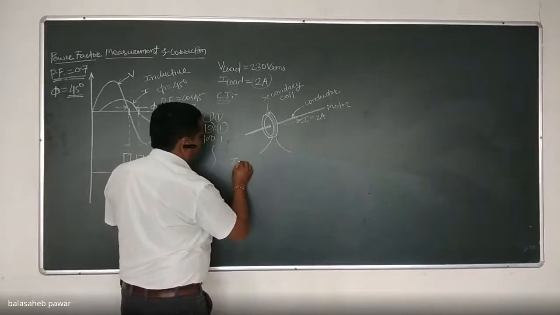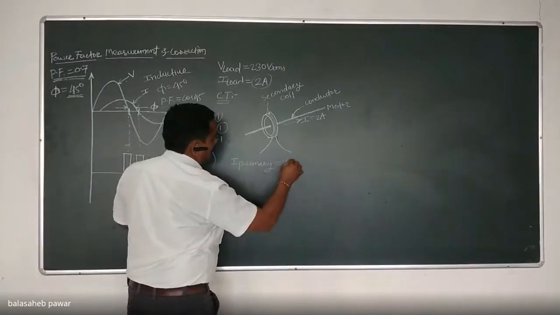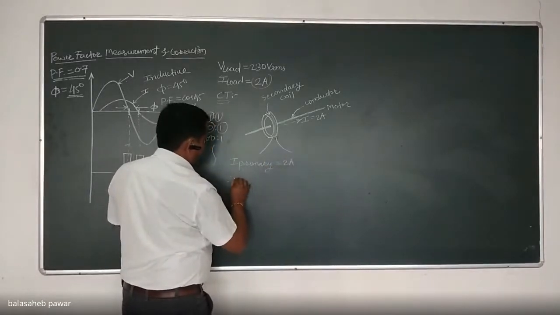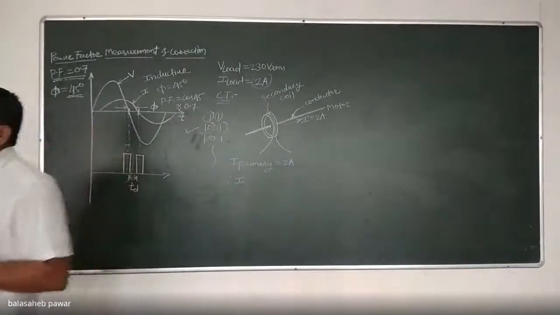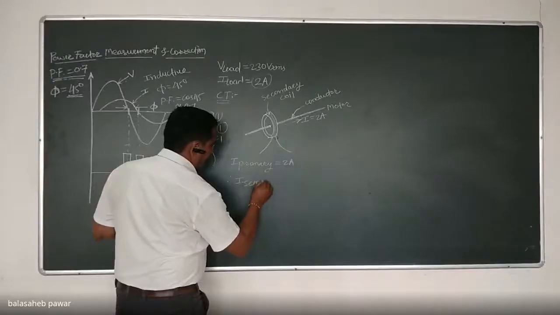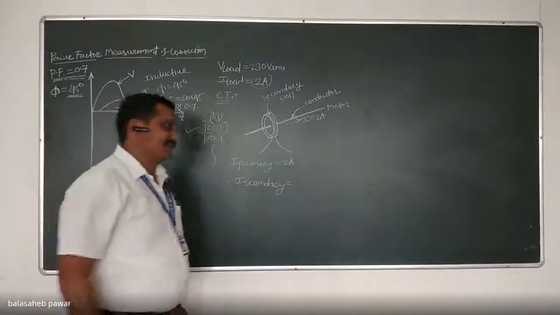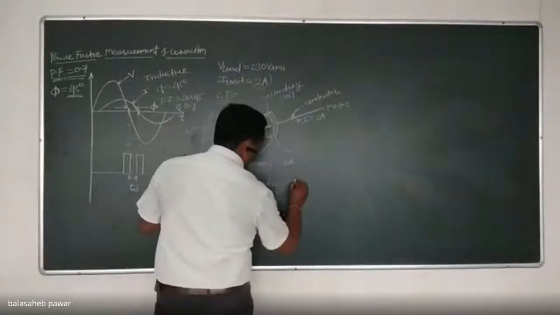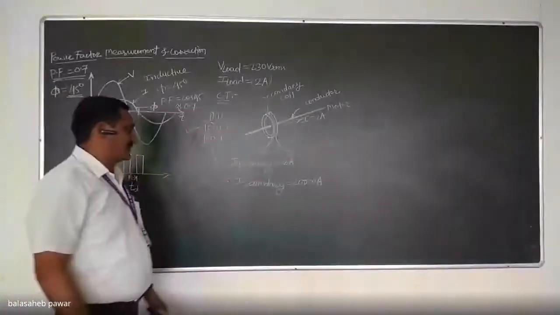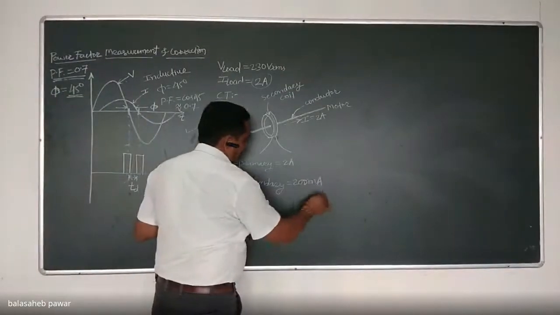First of all, I define I primary equals 2 ampere. Therefore, I secondary will be equal to 0.2 ampere, which means 200 milliampere. Remember, okay?